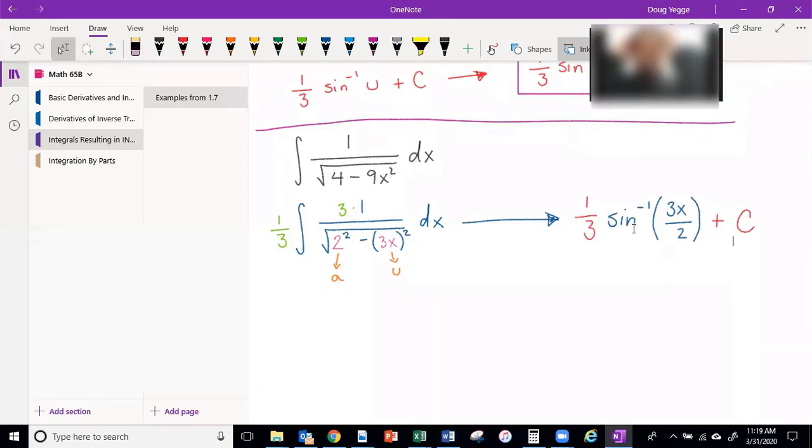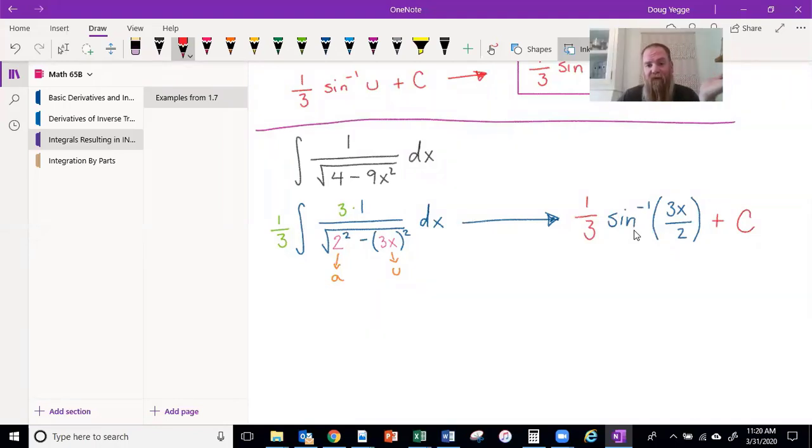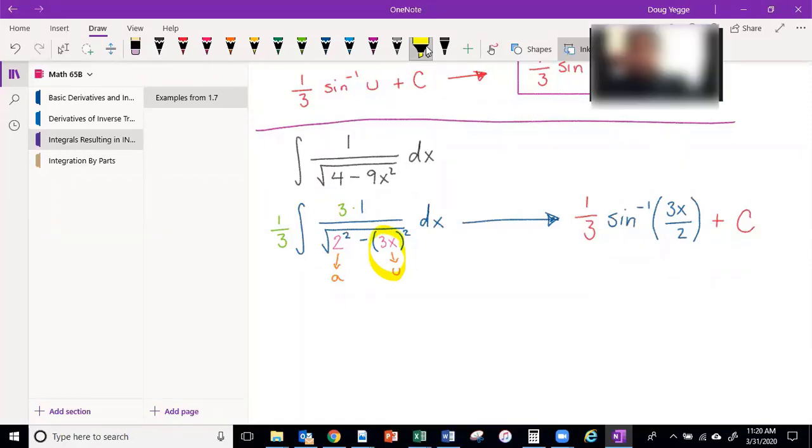Yes, about the 3 on top. You're wondering about this 3, where I got that 3? The green one. So this is pattern recognition. This is basically doing u substitution without having to do u substitution. You could see here that I let u equal 3x. So what is du? 3 dx.